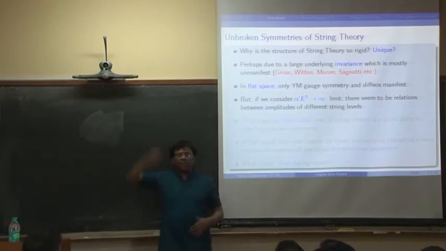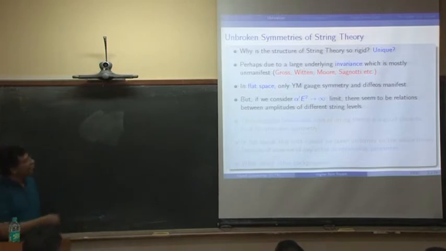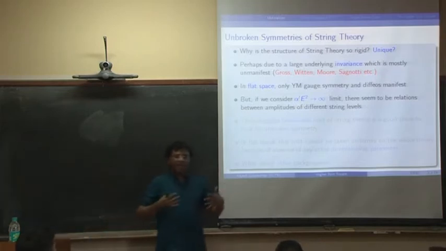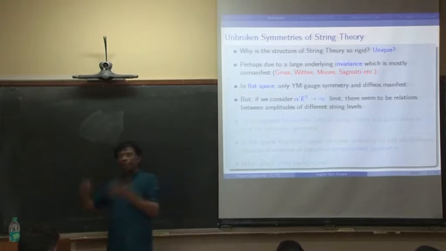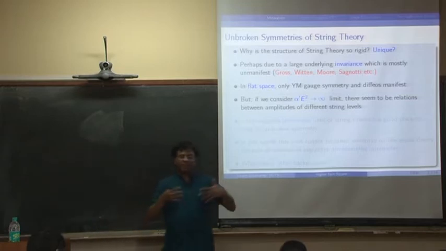In fact, the individual amplitudes for some highly excited state are very difficult to compute, but if you look in this limit, they are all more or less proportional to the same thing. So there's a simplification in this limit, which gives you linear relations between amplitudes.